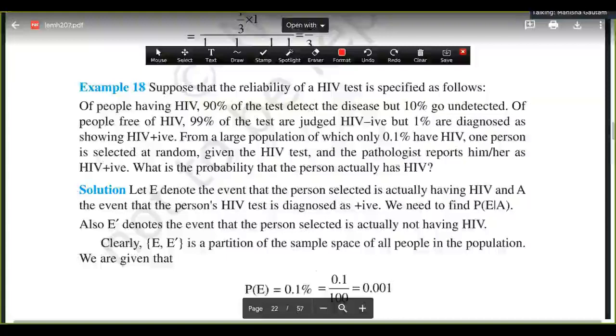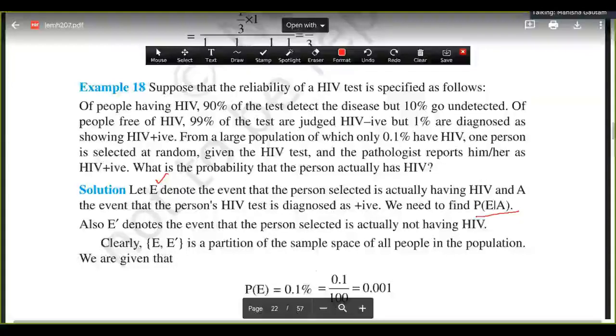Now the question: write down, E denotes the event that the person selected actually has HIV, and A the event that the person's HIV test is diagnosed as positive. We need to find the probability of E if A already happened.